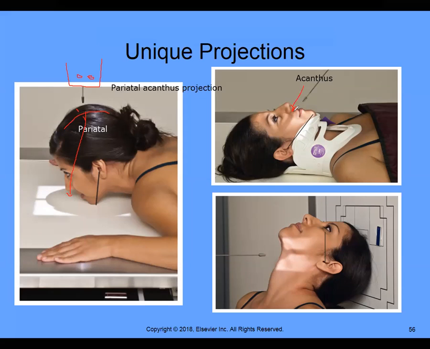The X-ray is going to enter into the acanthion and travel and exit the parietals. So this one is going to be the opposite. This one is going to be the acanthioparietal projection.